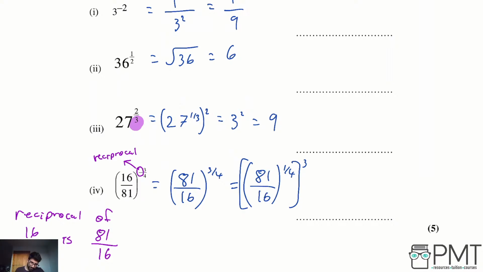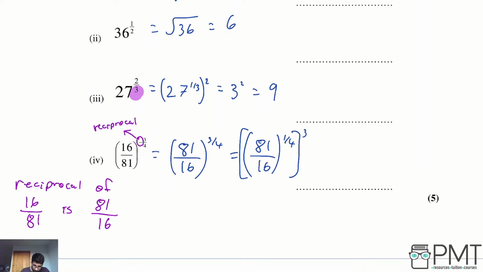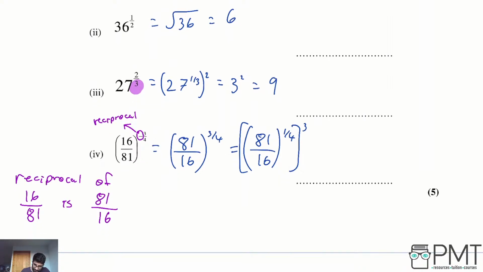Whatever number I have, I'm going to take the fourth root and then cube it. Instead of having a 27, I have a fraction, but it doesn't matter. It's still my number there. So this is where you need to remember how to take the fourth root or square root of a fraction. I'll make a note of that here.